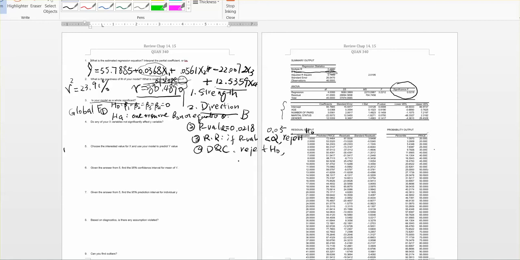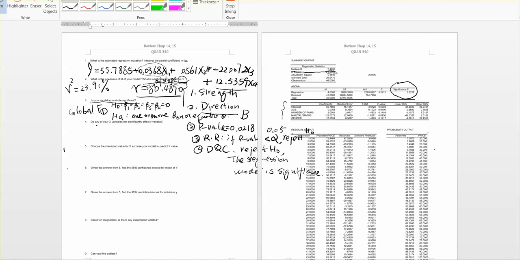And the conclusion is the regression model is significant. So this is about the global F-test.